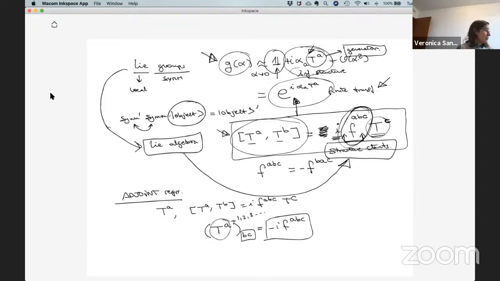Why is this relevant? Because this adjoint representation of your Lie algebra is precisely what we use to represent forces in nature. In the standard model, our usual photon, Z, W, and gluon, when we write a Lagrangian involving photons, Z's, W's, gluons, and how they interact with anyone, their kinetic term, everything that we write about them, is using this kind of representation.